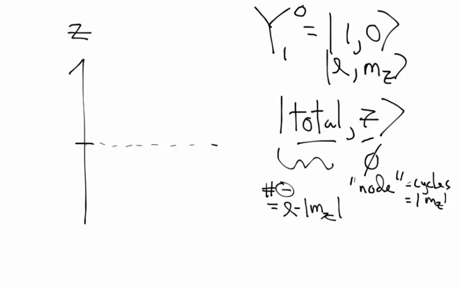So in this case, because L is 1 and m sub z is 0, the total number of cycles in phi is 0, the total number of phi nodes is 0. There has to be one total node from L, and the only place left to put it is theta. So there's going to be one theta node. Now if there's one theta node, symmetry demands that it be in the middle of the theta coordinate.